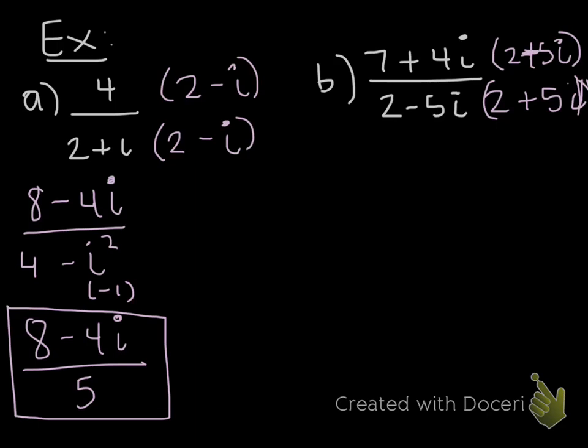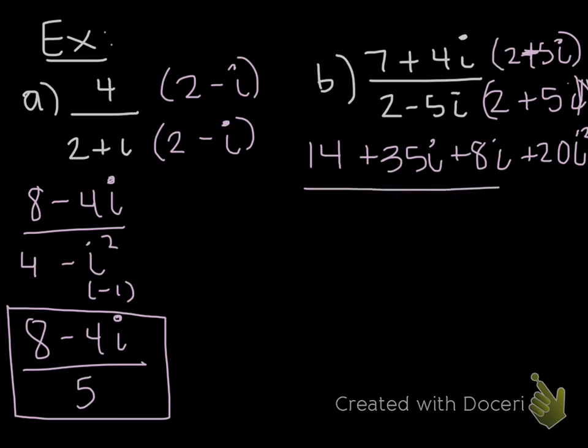All right, so for the top, we'll have 14 plus 35i plus 8i plus 20i squared. For the bottom, we'll have 4, and we know the inner and outer will cancel, and then I'll just be left with 25i squared.